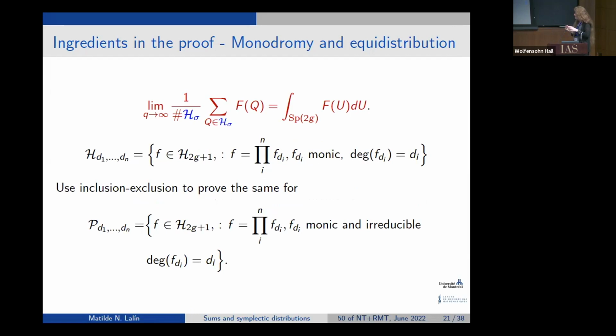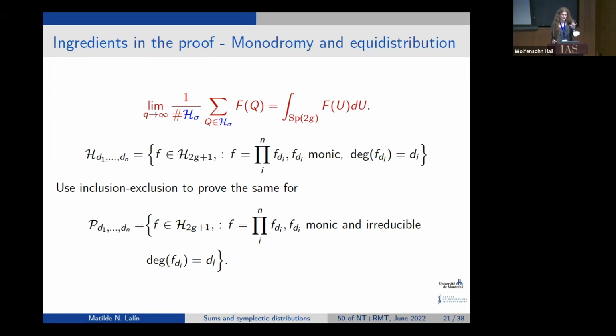With some inclusion-exclusion argument, we can get a fixed factorization type where I fix exactly the degrees of the irreducibles. And in particular, we get the result for primes. But this is a very beautiful result that applies to any factorization type. I just wanted to mention it because it's really nice.